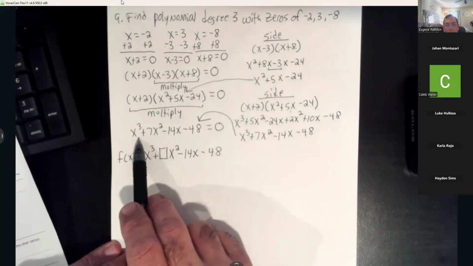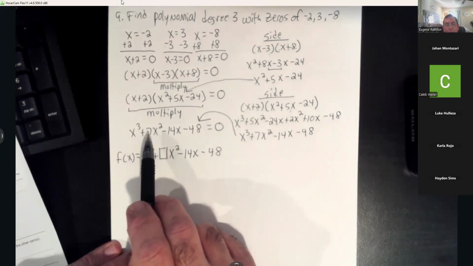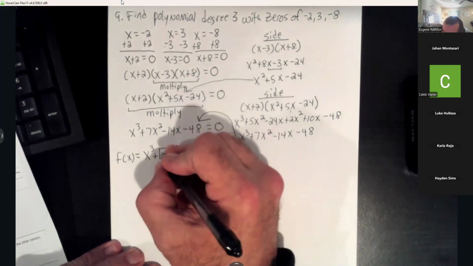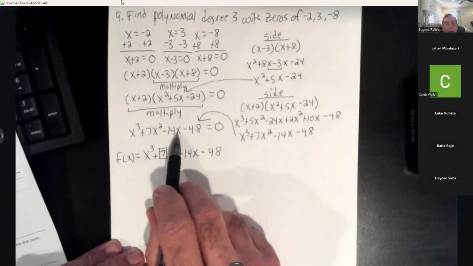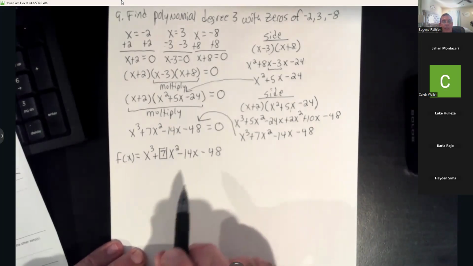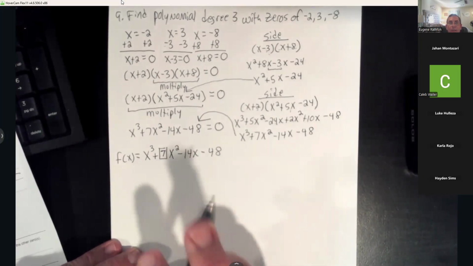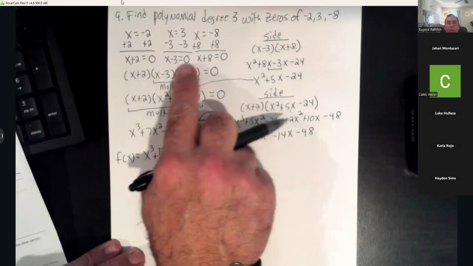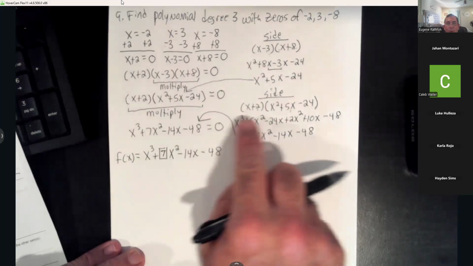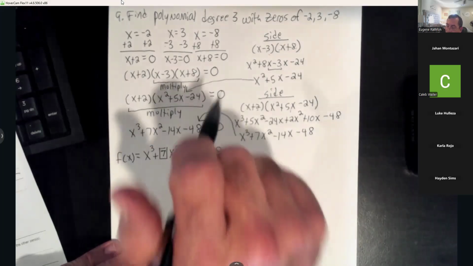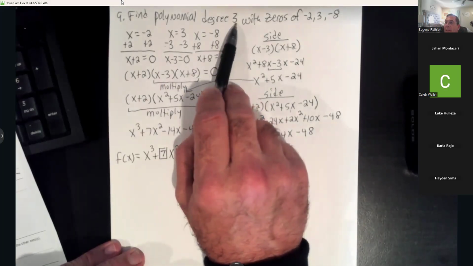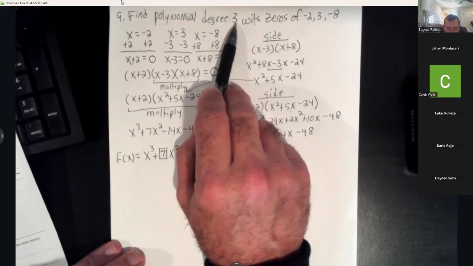We got our x cubed, so that needs to be a plus 7x squared. So we would come in, put our 7 in the box, and then notice everything else matches up. So notice we did a lot of foiling, and when we're done, our highest exponent was a 3. And y'all, that's what they said we needed, a degree 3.